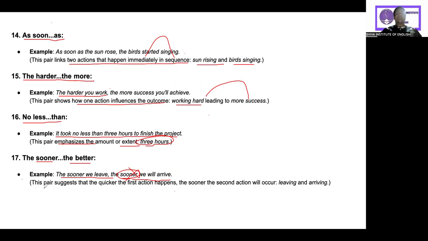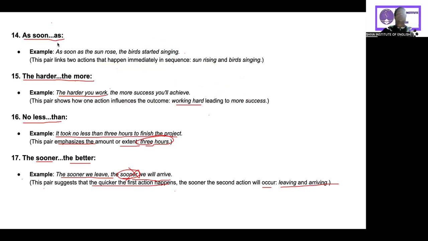The pair suggests that the quicker the first action happens, the sooner the second action will occur, like leaving and arriving. The same idea applies to "the harder, the more".